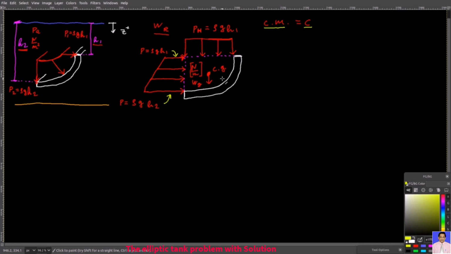Now, the mass per unit length of this isolated chunk of water is ml equals the density of water times the area of this isolated chunk of water. So ml is in kilograms over meter, rho w is in kilograms per cubic meter, then area is in meters squared, and so of course you will have kilograms over meter.